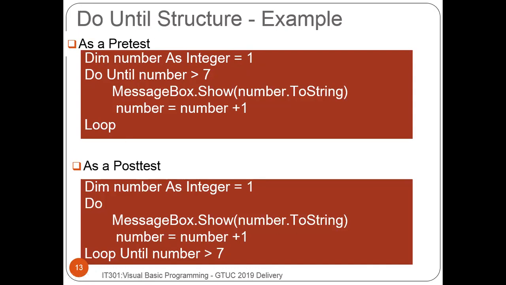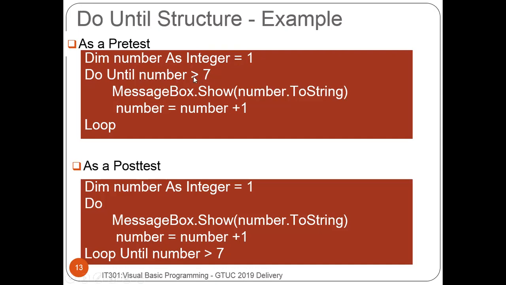So in order to do the same thing we did with the while structure, we need to change this condition here. So instead of less than or equal to 7, we would have greater than 7. So as soon as number becomes greater than 7, we would exit. But when number is between 1 and 7, we will continue to execute this. So that is the little difference that we need to realize.